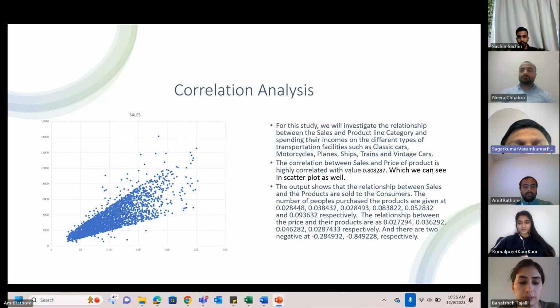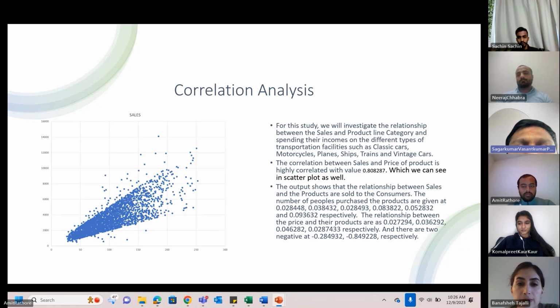From the scatter plot, we can easily say that the correlation between sales and price is very high, with a value of 0.82.